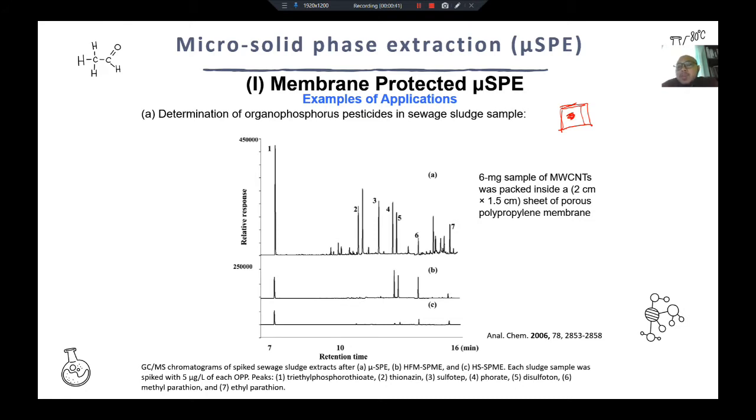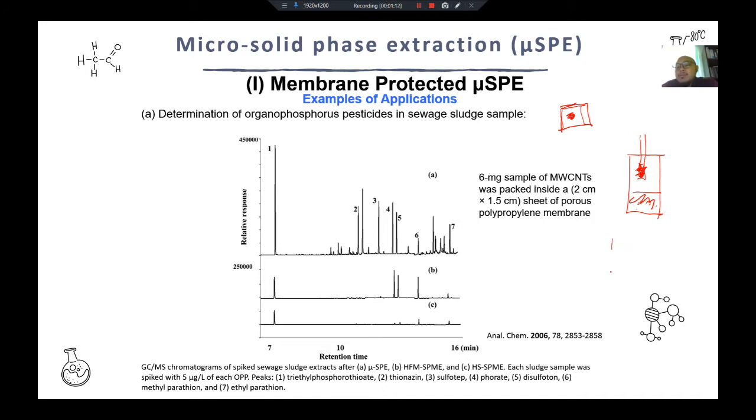Okay, so for the HS SPME, it is headspace. I will show you right now. Here is your solvent and your analyte. So the fiber is just above the liquid. Headspace means that it doesn't immerse directly. The other one we have is the HFM SPME, which we call the hollow fiber membrane.